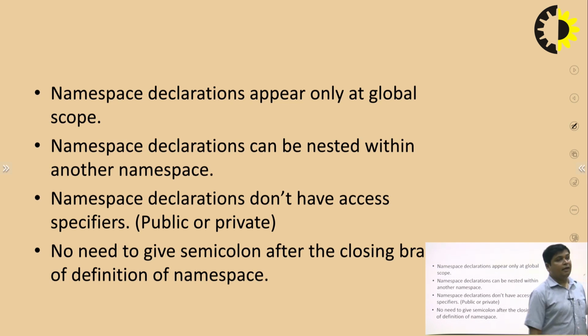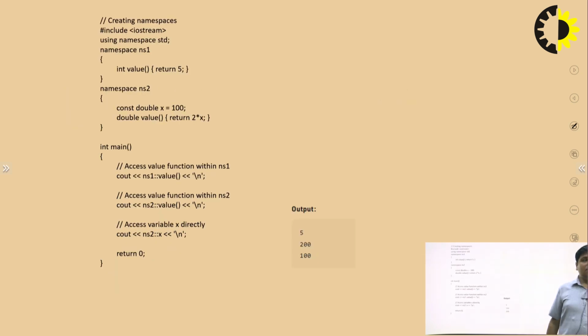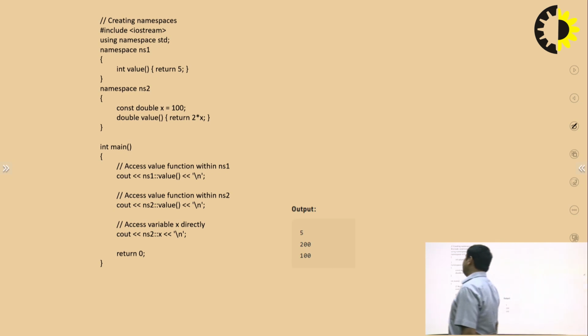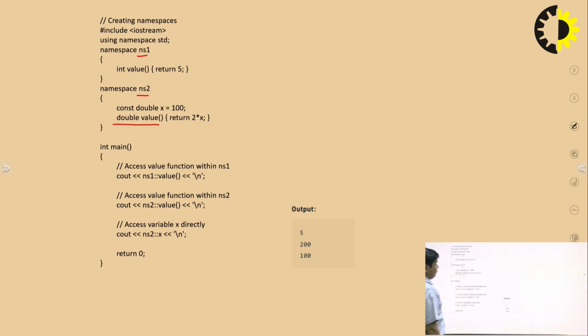Okay. Next, you will see here again I have created namespaces with names ns1 and ns2. Inside, one variable and one function are created, and the function returns the value 5. Similarly, I have declared another function with the same name. It returns the value multiplied by x. Now, the program will start from this location.